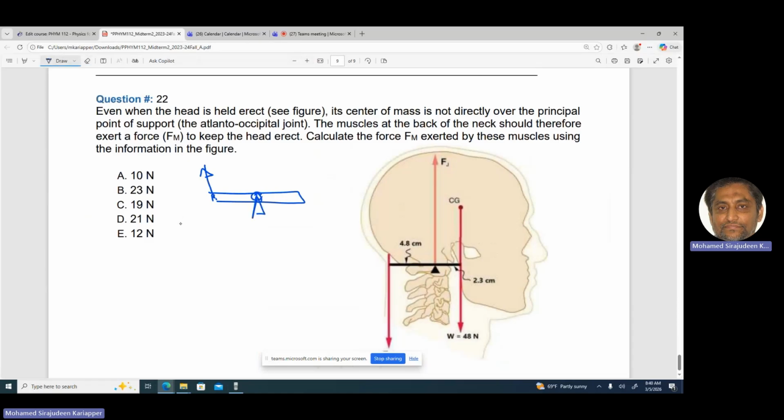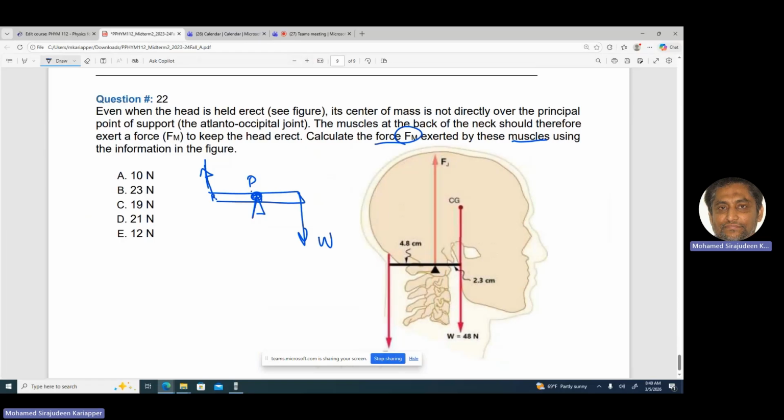I'm going to take the equilibrium condition around the support. Let me call it P, just a label. And here is the weight. To answer the question, he is asking to calculate the force Fm exerted by these muscles using the information in the figure.